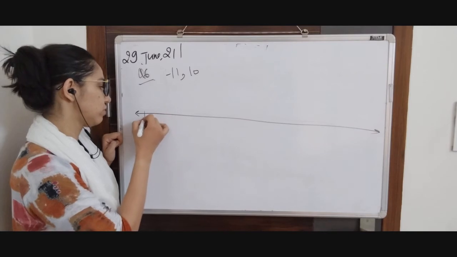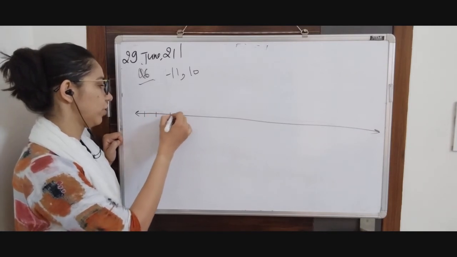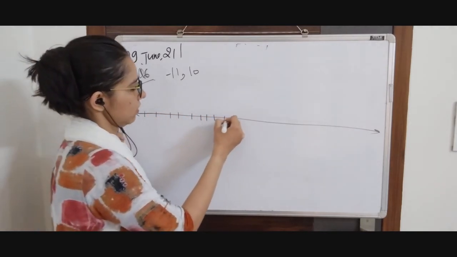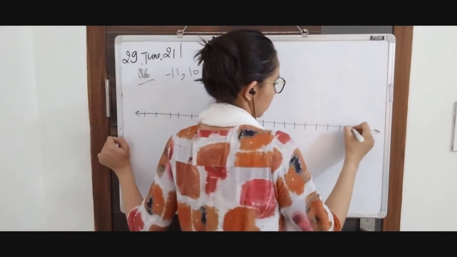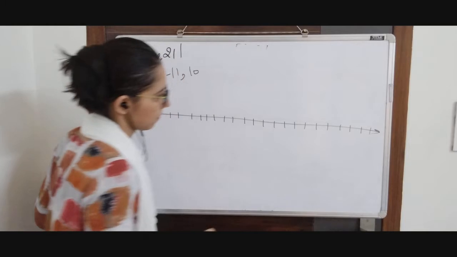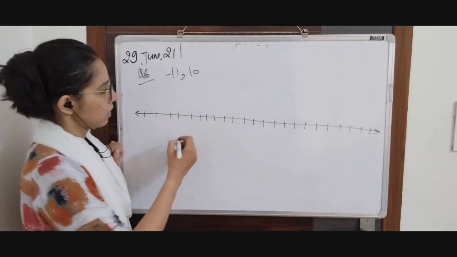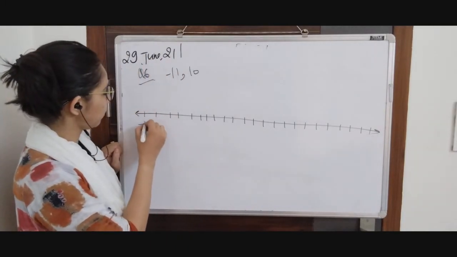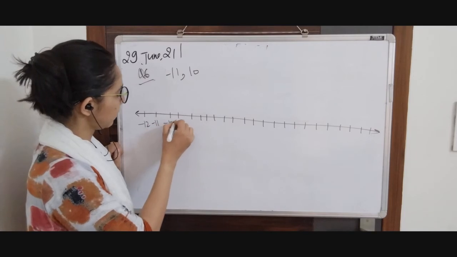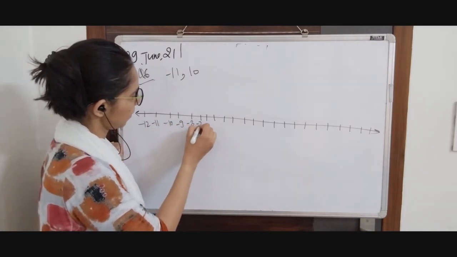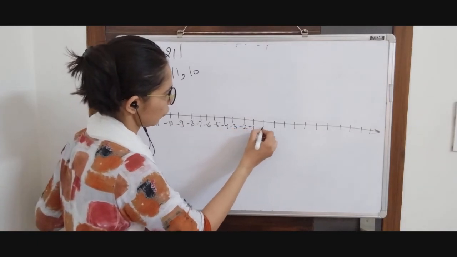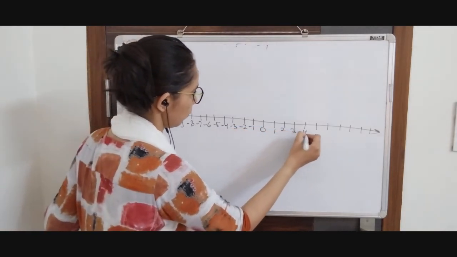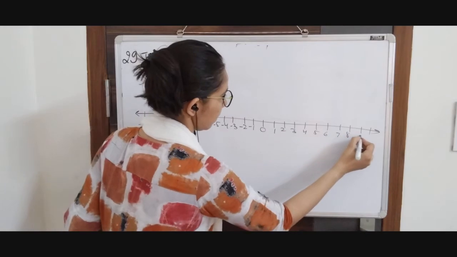So I am starting from here: -11, -10, -9, -8, -7, -6, -5, -4, -3, -2, -1, 0, 1, 2, 3, 4, 5, 6, 7, 8, 9, 10.